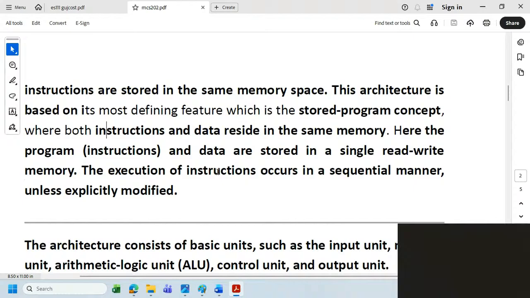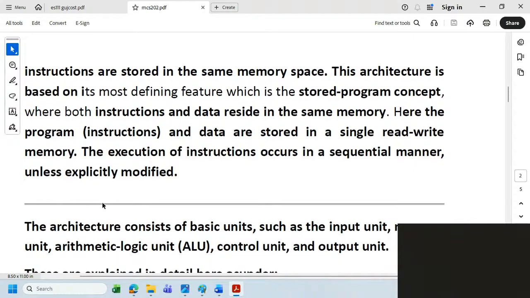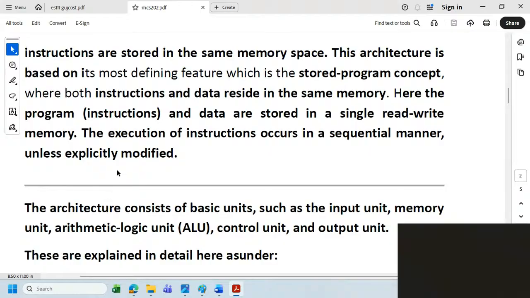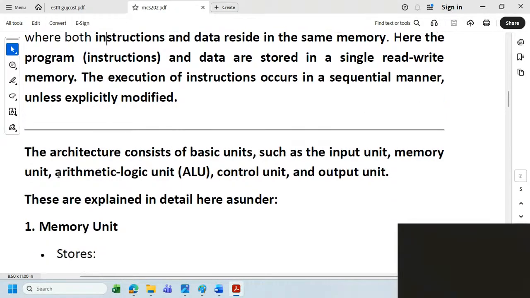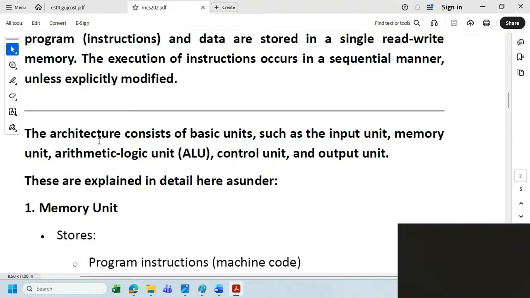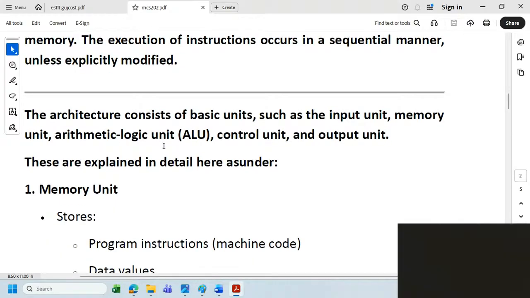The execution of the instructions occurs in a sequential manner unless explicitly modified. Means if you don't modify the default execution of instruction, it occurs in a sequential manner. The architecture consists of basic units such as input unit, memory unit, arithmetic logic unit, that is ALU, control unit and output unit.